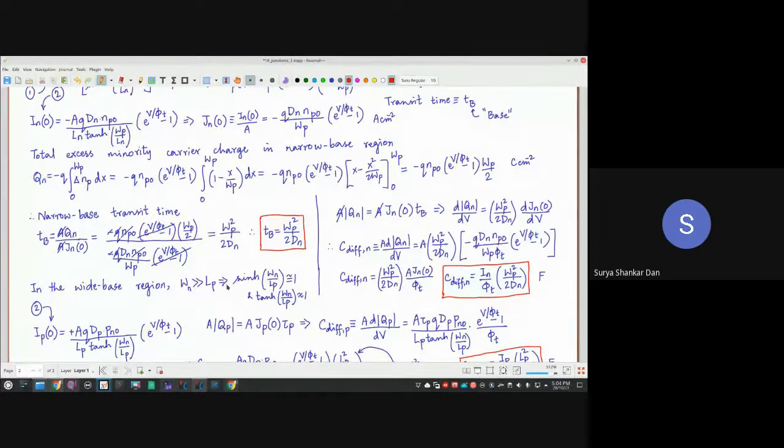Layouts was, I think, the last topic. They will probably do it after layouts. Manhattan geometry, stick diagrams. Sir, he just gave an introduction to lambda-based rules. Okay. DRC. Okay, fine.